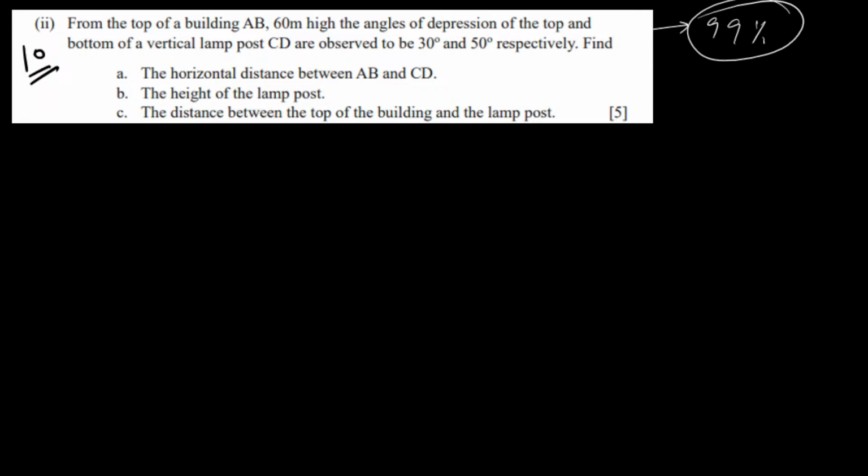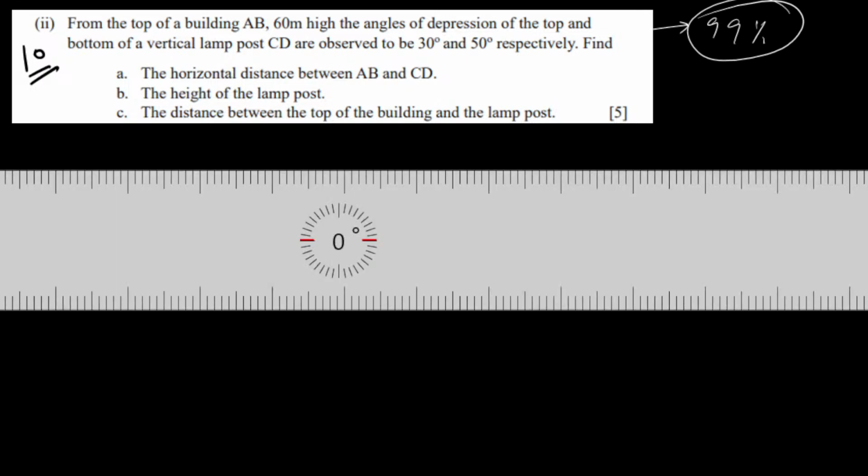From the top of a building, the building's height is given to us as 60 meter. The angle of depression of the top and bottom of the lamp post. So how will the figure be? One building is there.